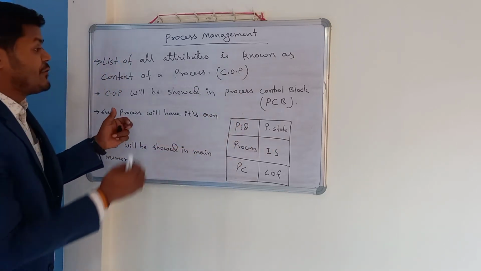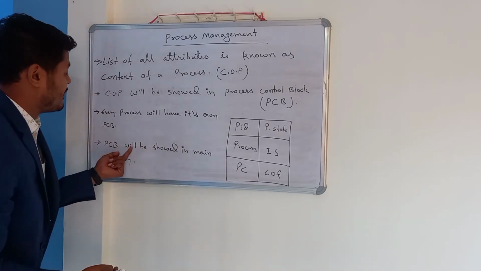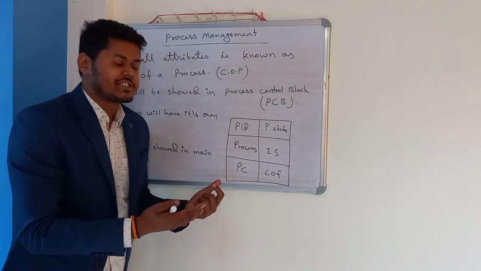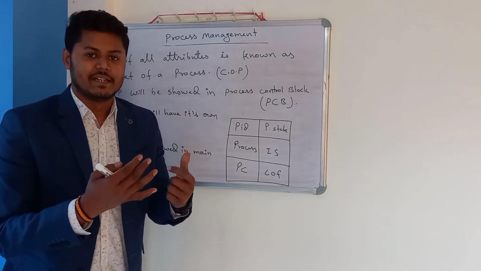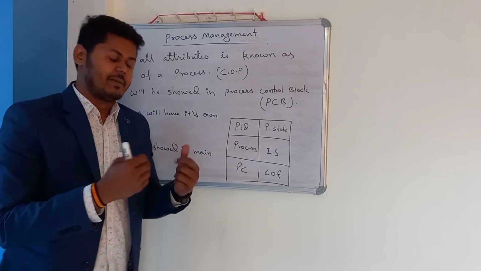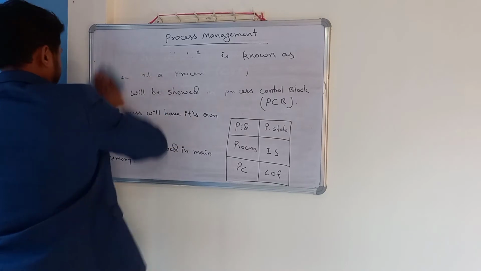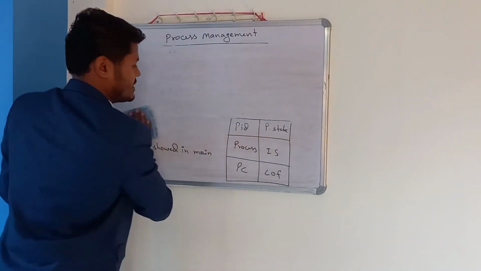That's why if a process is in main memory, then the PCB will also be in main memory. After this discussion, we'll see the process state diagram in detail. Next discussion is on the process state diagram.